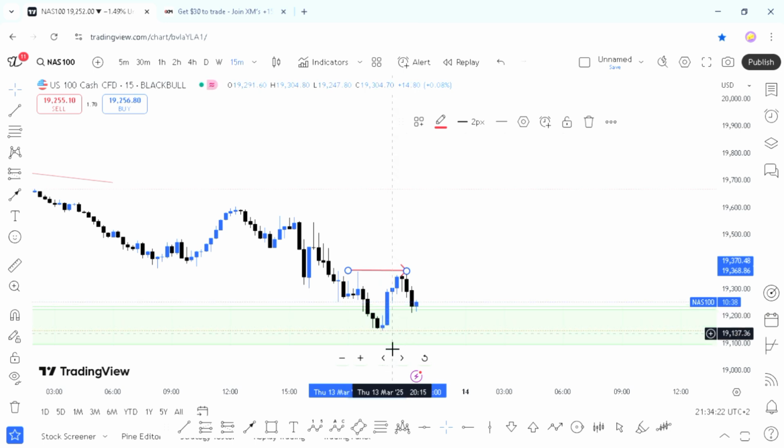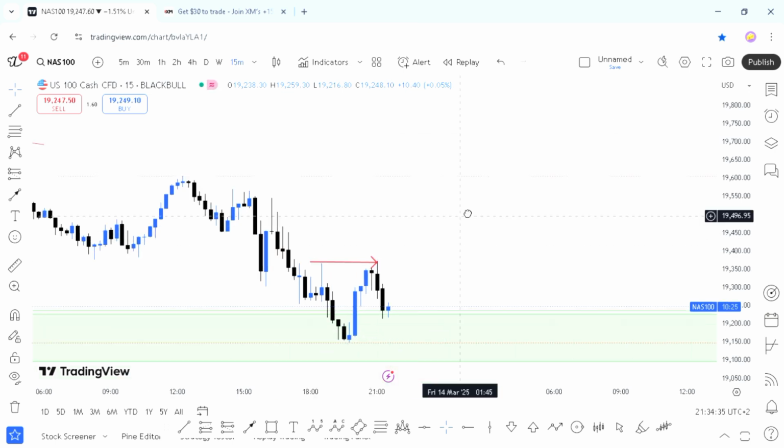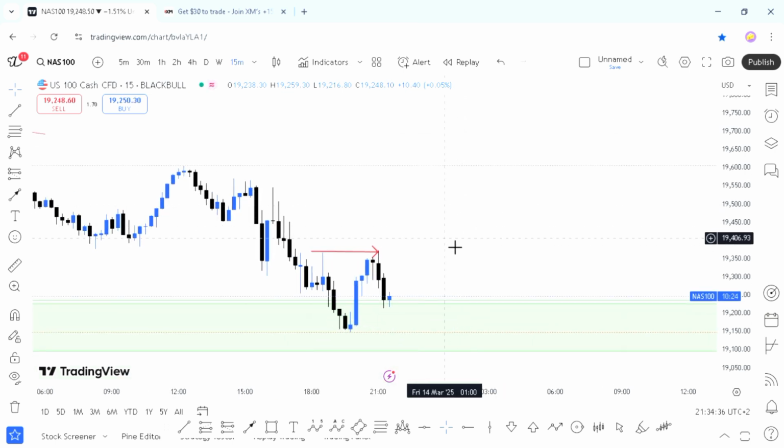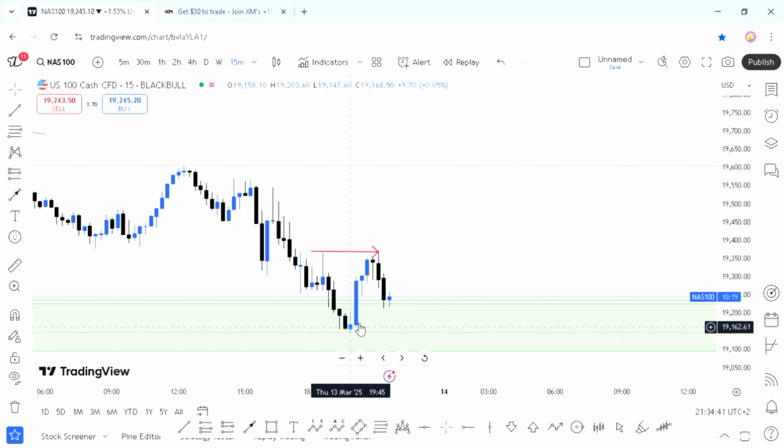Another thing is that, knowing candlestick pattern formations, we can see there we have an inverted hammer, which is a powerful candlestick pattern when it comes to reversals. And where is it actually happening? It's happening on our higher time frame point of interest.